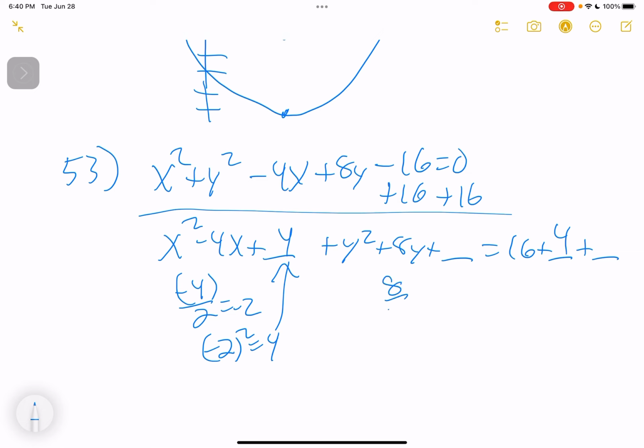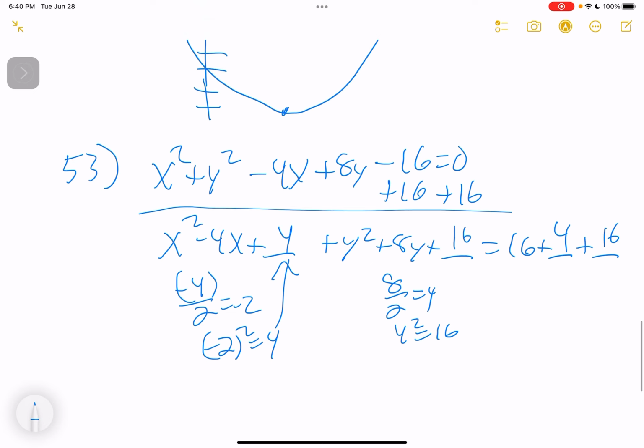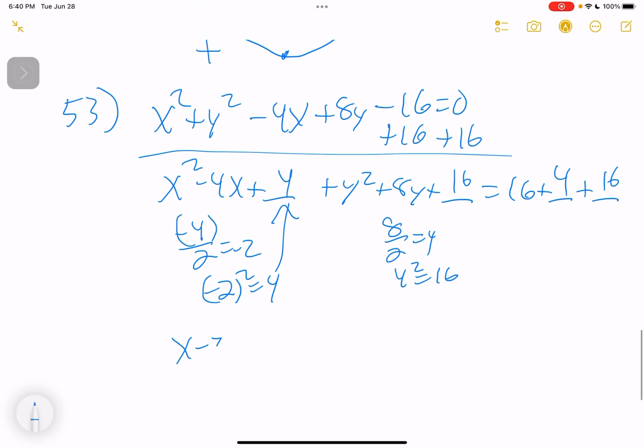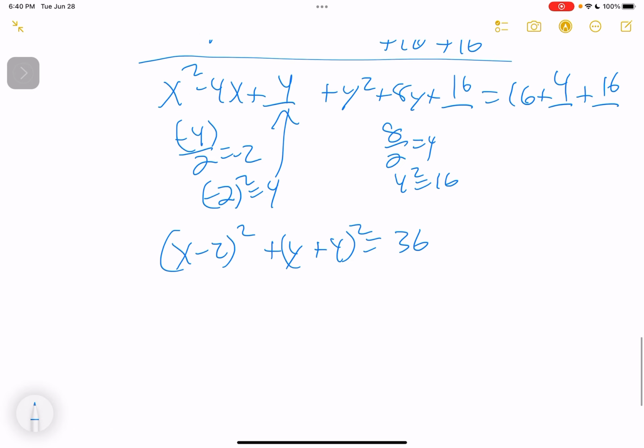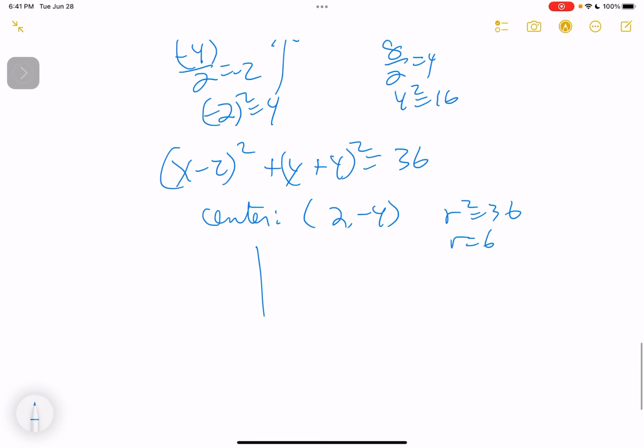And 8 divided by 2 is 4. 4 squared is 16. So we have x minus 2 squared plus y plus 4 squared equals 36. So our center in this case is at 2, negative 4, and the radius squared is 36, which means the radius is 6. I'm graphing that.